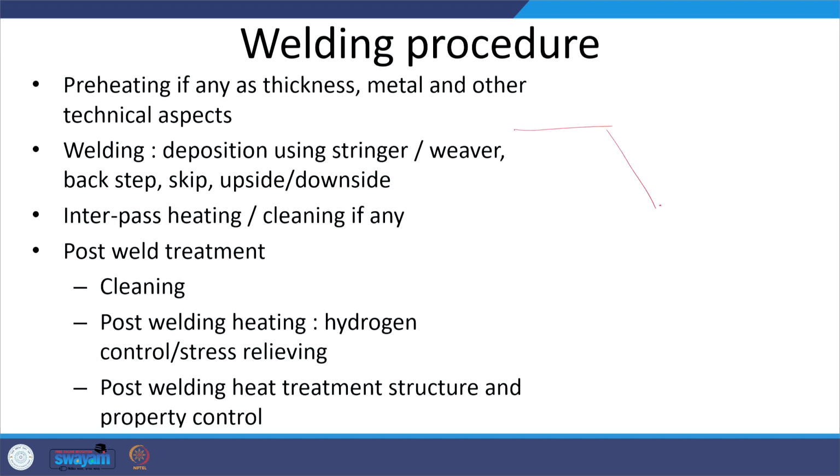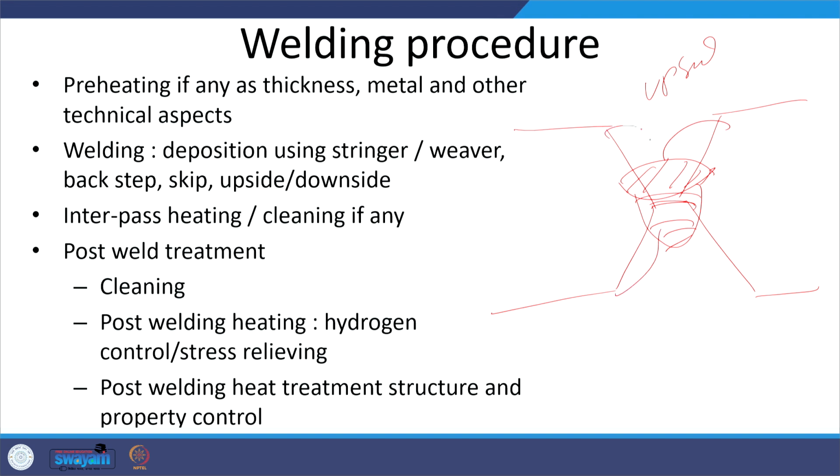And the other one is upside down welding. This is particularly true when we are dealing with double groove weld joints. The weld metal is deposited on one side like this, say this is the upside, then welding is done on the downside. So upside, downside, upside, downside; 1, 2, 3, 4, 5, 6, this is how we continue. So the welding is done alternately on the upside and the downside.